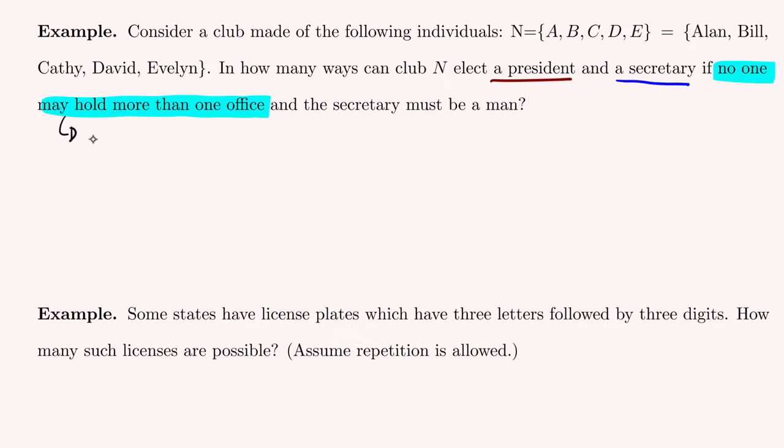This is a lengthy way, in the context of the problem, to say without repetition. And additionally, we have the restriction that the secretary must be one of the males in the club.